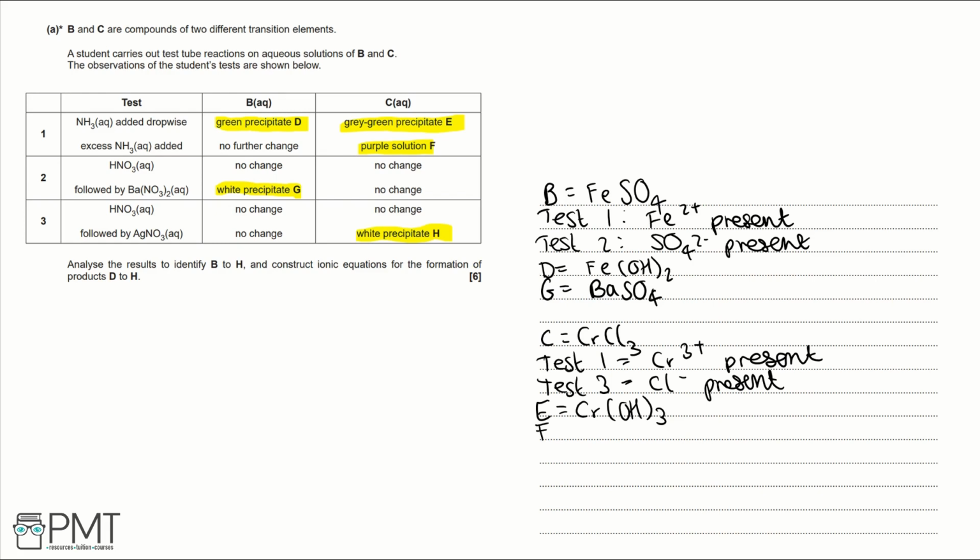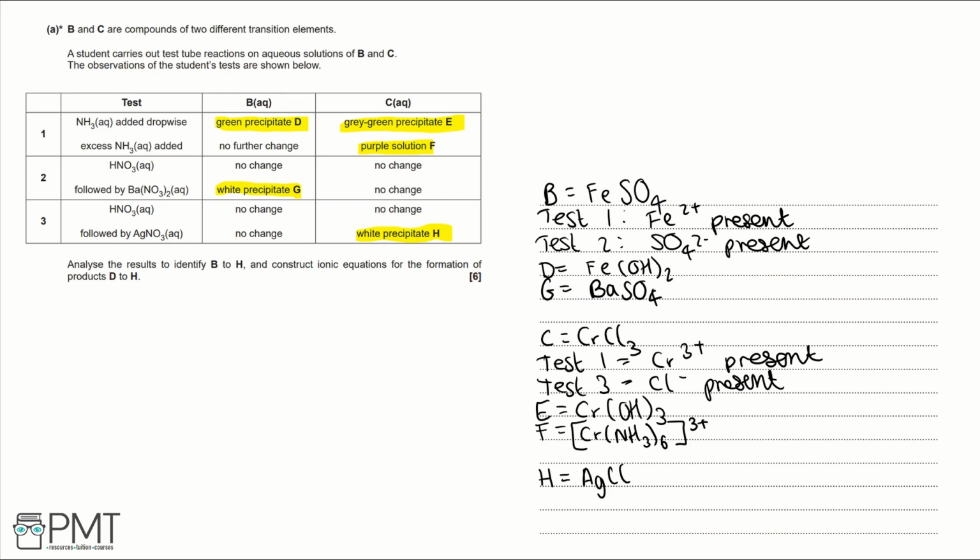Then if we look at F, that's going to be square brackets Cr(NH3)6, and we're going to get a 3+ charge. And that's because we've got this excess of ammonia, so it's present in our complex. And then finally, H, we have silver chloride. So that's a common test for halogens.